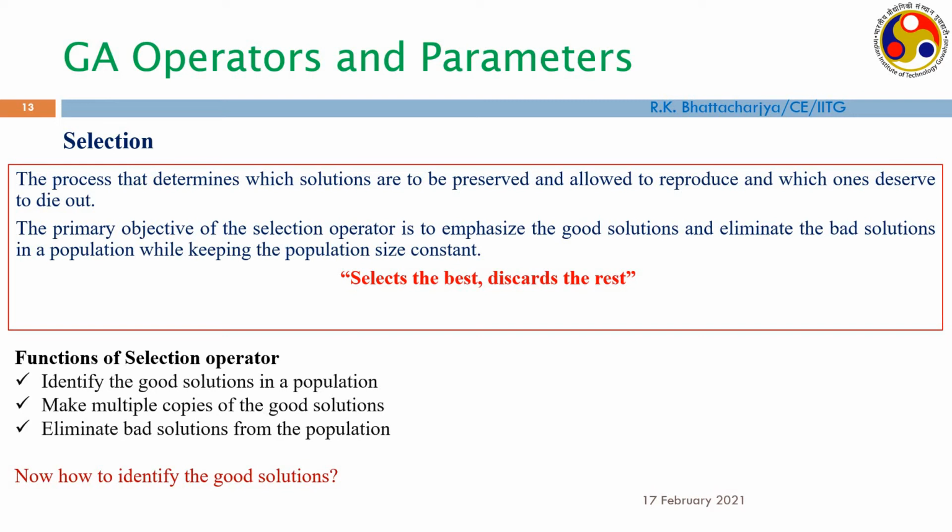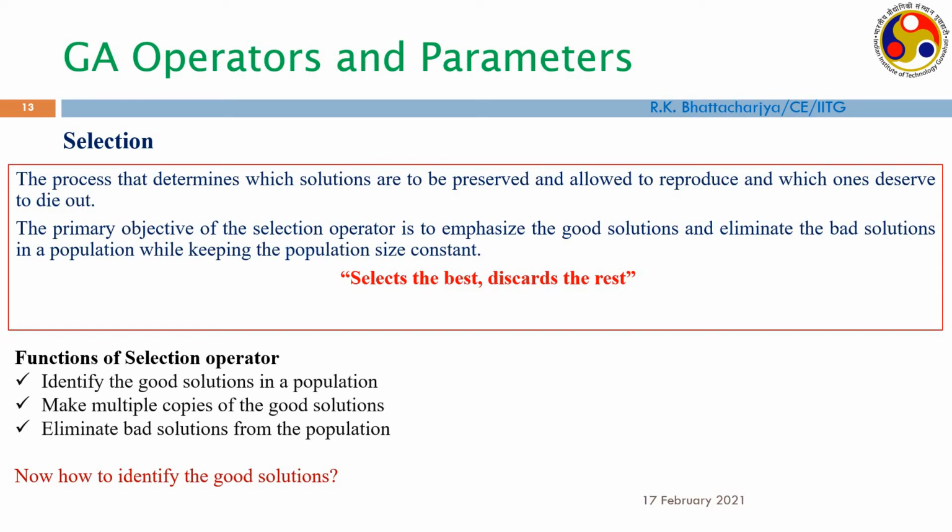You emphasize the good solutions and eliminate the bad solutions, and at the same time maintain a constant population size, the same as earlier. The function of the selection operator is to identify the good solutions in a population, which you get from the fitness function, and then make multiple copies of the good solutions.